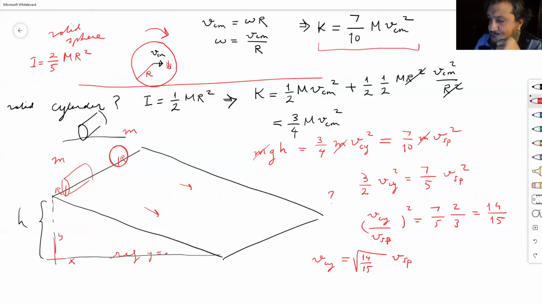All right. So the sphere has a greater velocity. The sphere will win the race. All right, let me stop here.